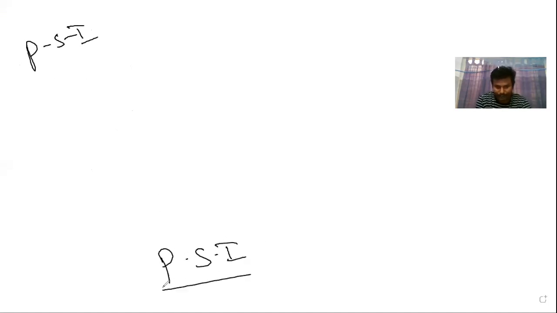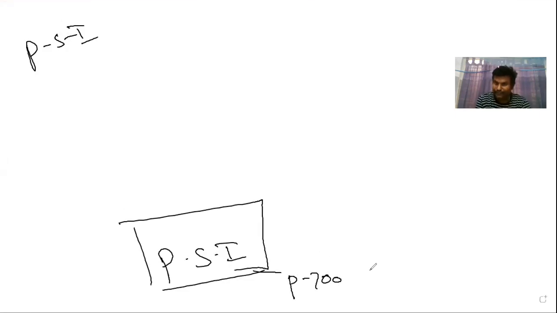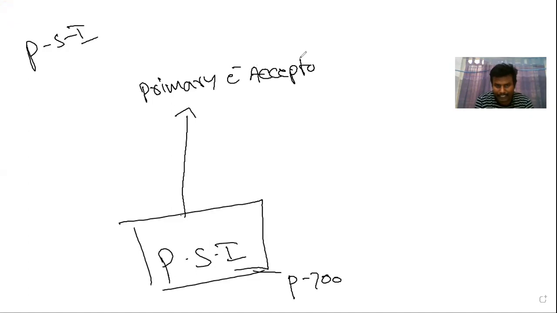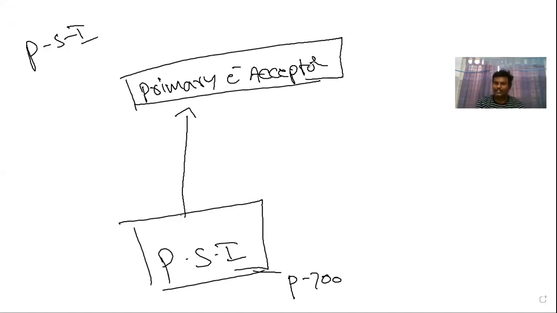PS1 absorbs 700 nanometer light from the sun rays. It transfers electrons to the primary electron acceptor. In non-cyclic photophosphorylation, I said that is quinone.